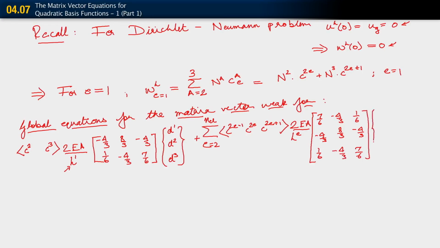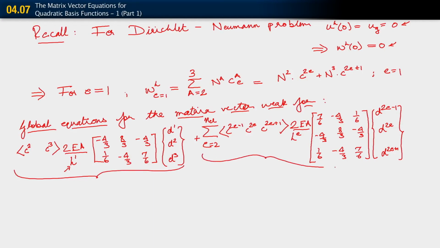All of this multiplies d_2e-1, d_2e, d_2e+1, global numbering of degrees of freedom in nodes. Those terms together, this one for the first element and this for a generic other element, give us our left-hand side. This is now equal to the right-hand side.